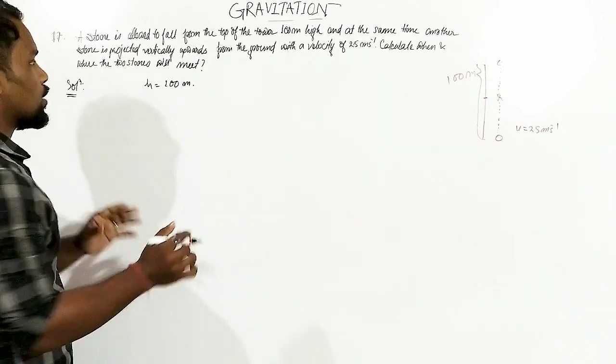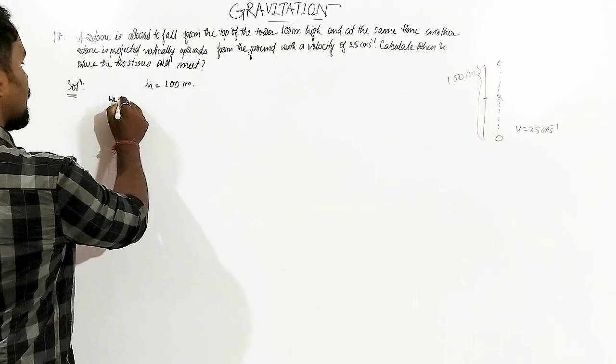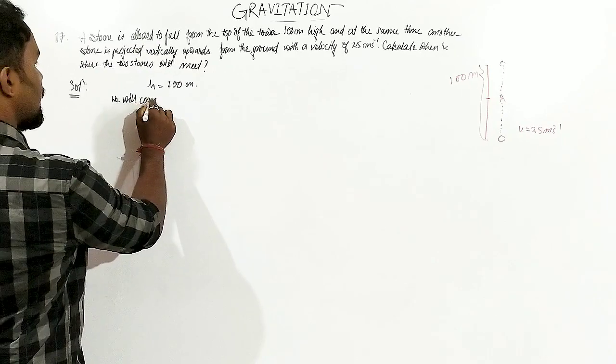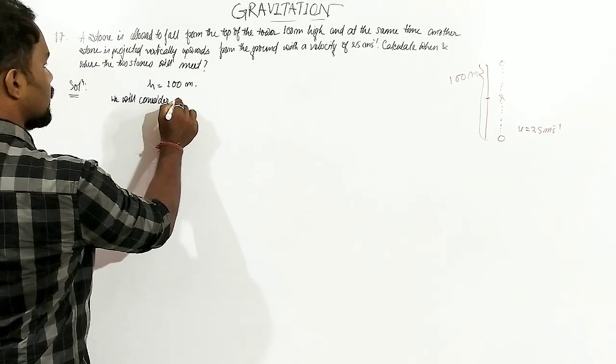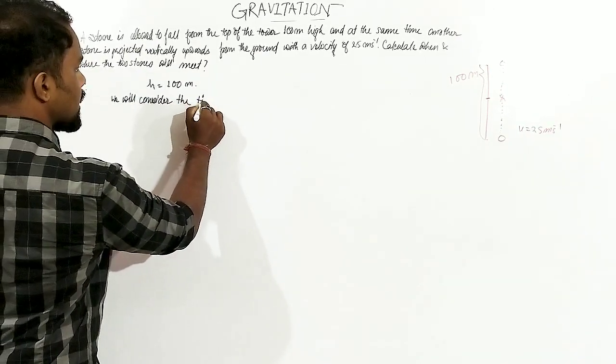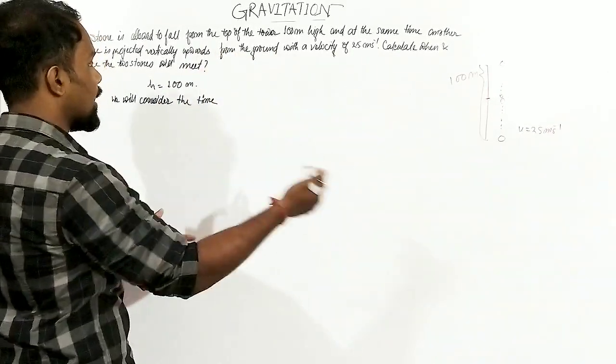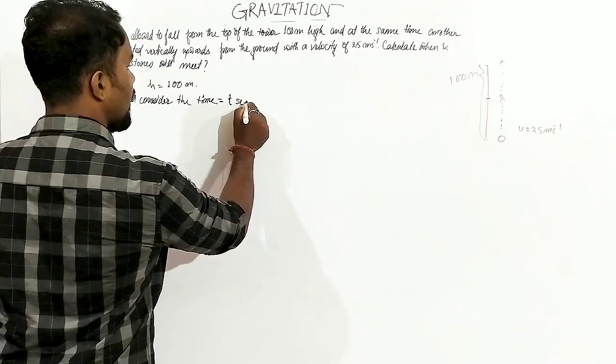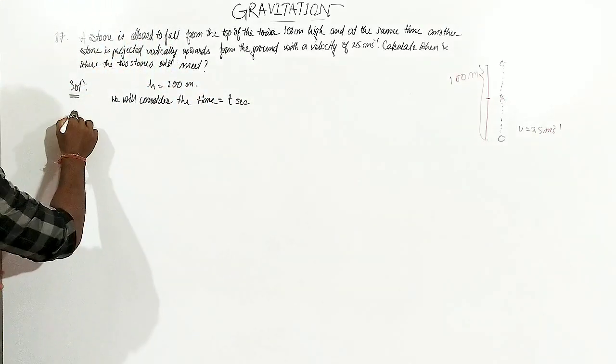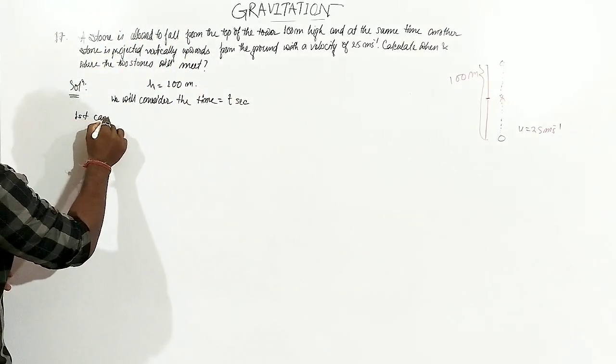And we will consider the time. Since the time is the same for the two objects in the two cases, we will consider it as t second. Now we write the first case.